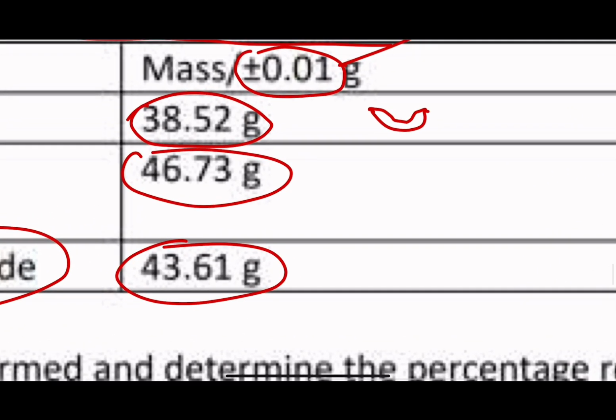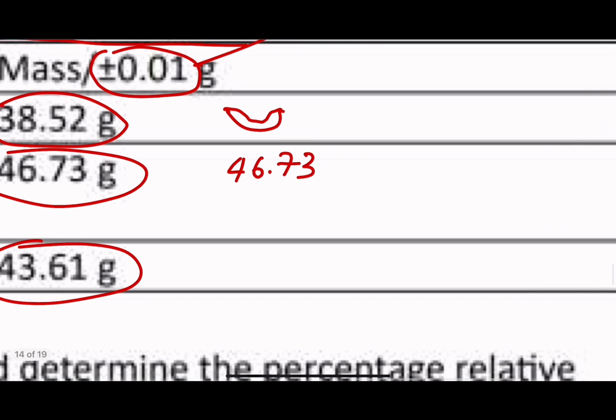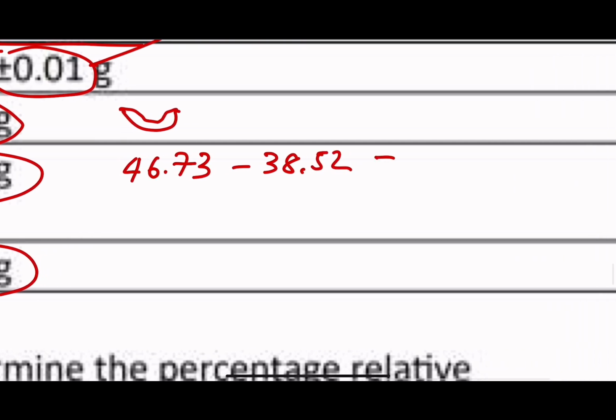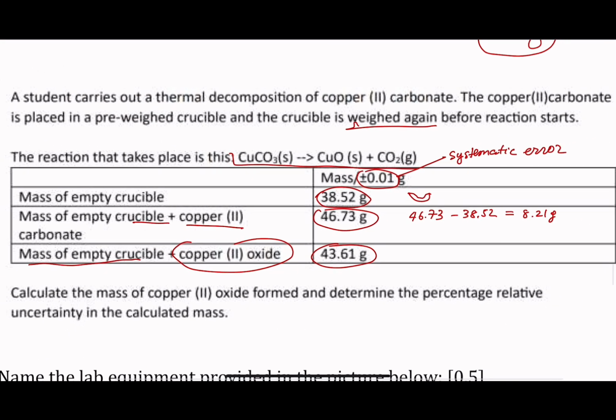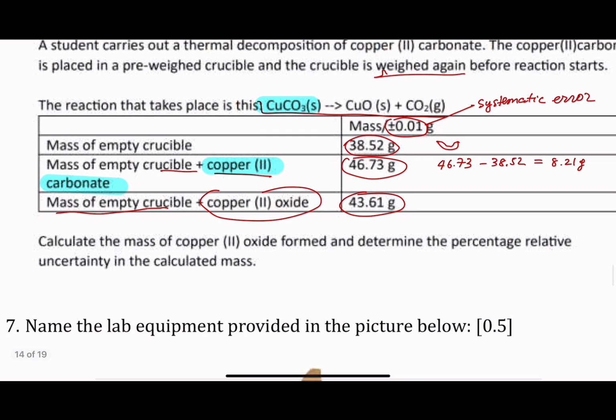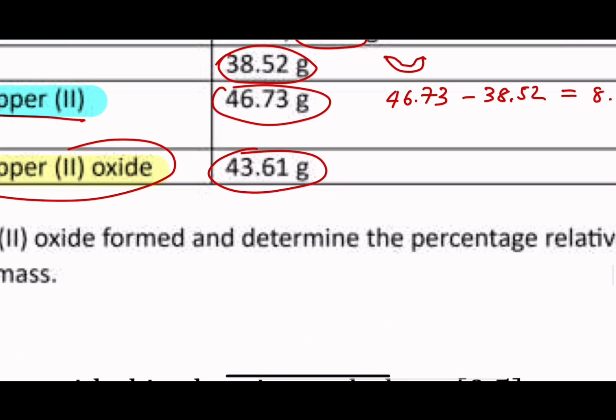Now you need to deduct from 46.73 the 38.52, and this will give you 8.21 gram, which is the mass of copper 2 carbonate, which is this one. And then once they performed the reaction, they got this product, copper 2 oxide, and they measured the weight.